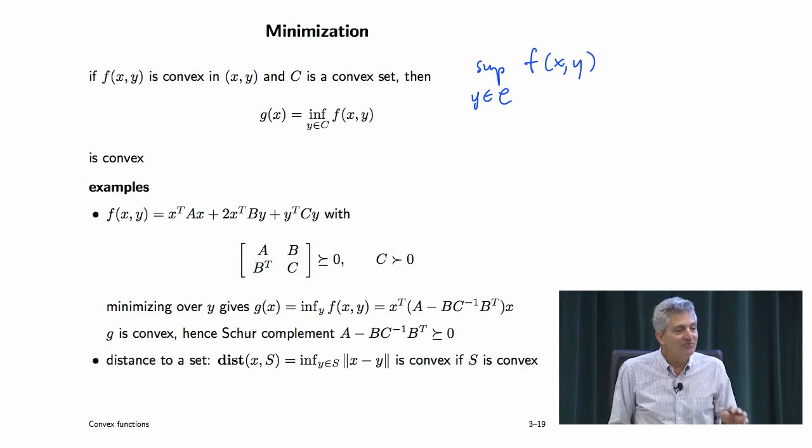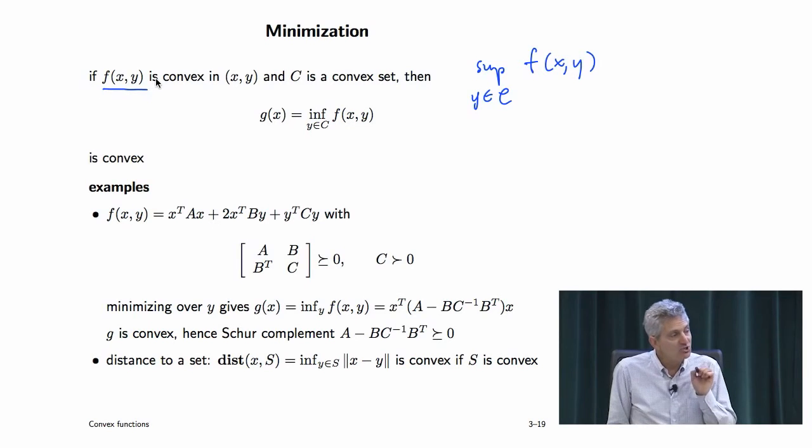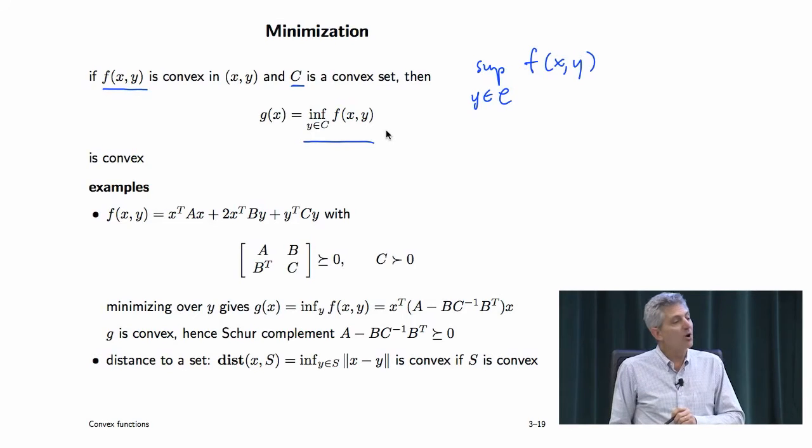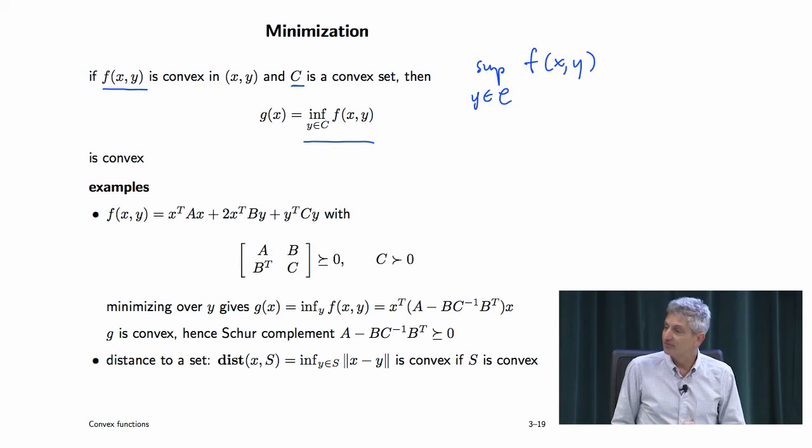What's interesting is the infimum, the minimum of a convex function, sometimes yields a convex function, but it's in very specific cases and the conditions are stronger. If you have a function that has to be jointly convex in x and y, so it's convex in both x and y, and you have a convex set, then the infimum, this is sometimes called the partial minimization of f, is convex.